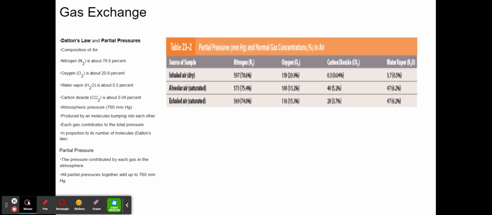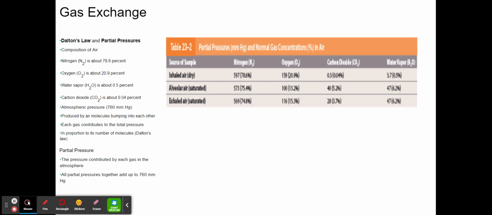The partial pressure of a gas is the pressure contributed by a single gas in a mixture of gases. The partial pressure is abbreviated by the symbol P. A subscript shows the gas in question. For example, the partial pressure of oxygen is abbreviated PO2. All of the partial pressures added together equal the total pressure exerted by a gas mixture. For the atmosphere, this relationship can be summarized as follows: PN2 plus PO2 plus PH2O plus PCO2 is equal to 760 millimeters of mercury.